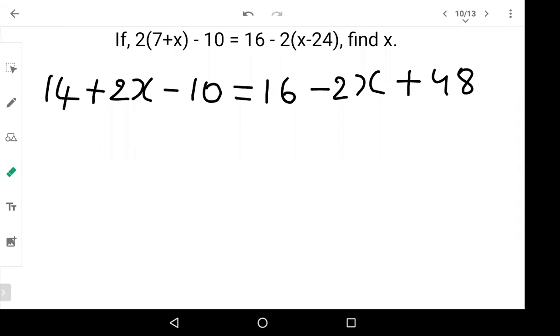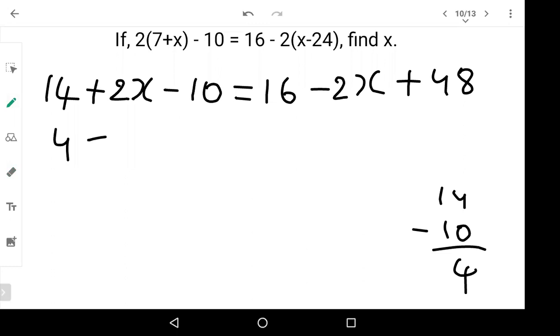Then moving further for the next step, now we just have to simplify the whole problem. So 14 minus 10, okay, 14 minus 10 is plus 4.